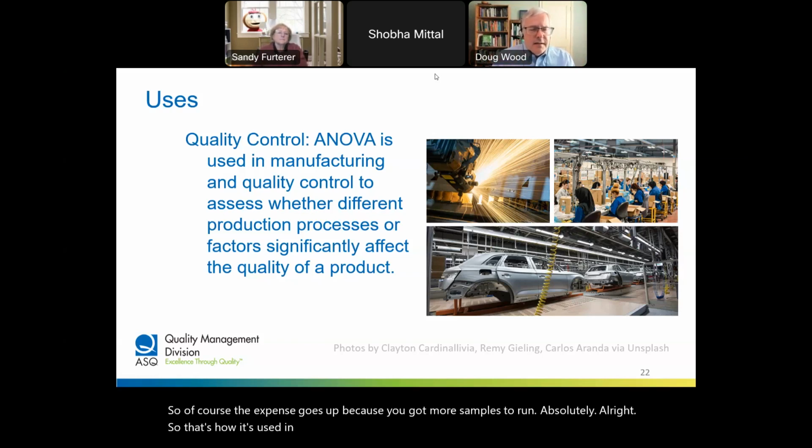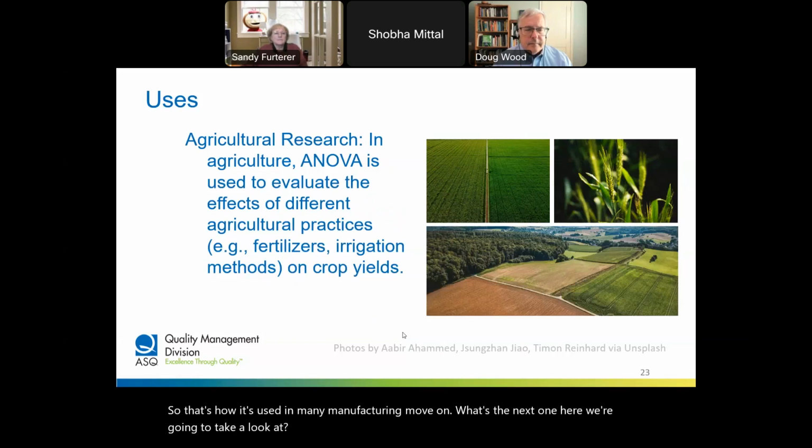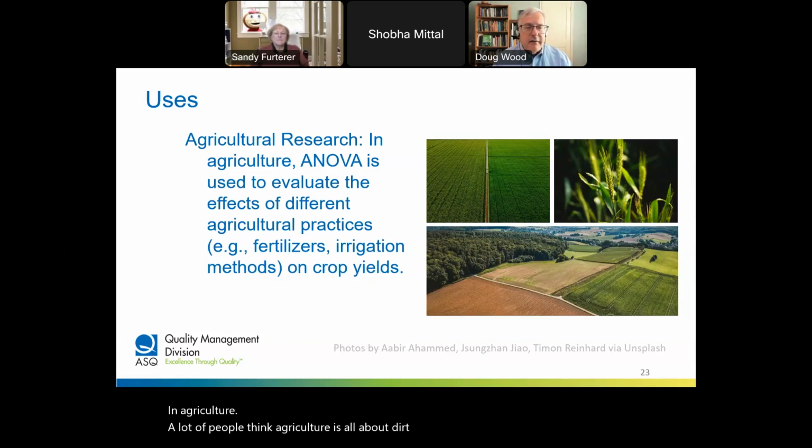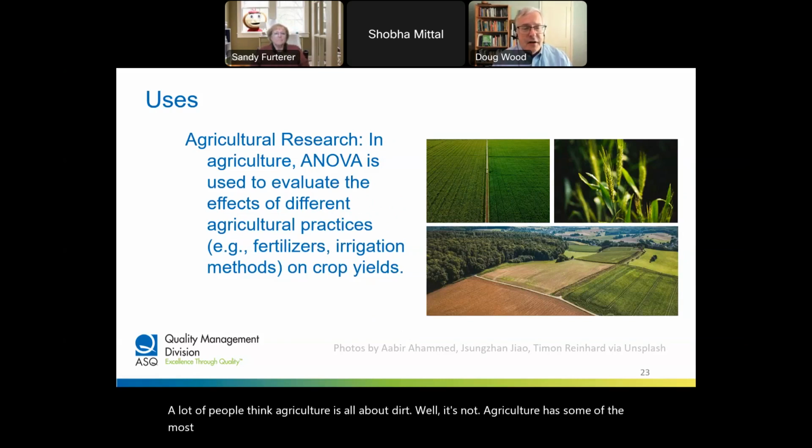Let's move on. What's the next one here? We're going to take a look at agriculture. Now, a lot of people think agriculture is all about dirt. Well, it's not. Agriculture has some of the most sophisticated statistics involved that you can possibly imagine. Many of our statistics were developed for agricultural purposes.